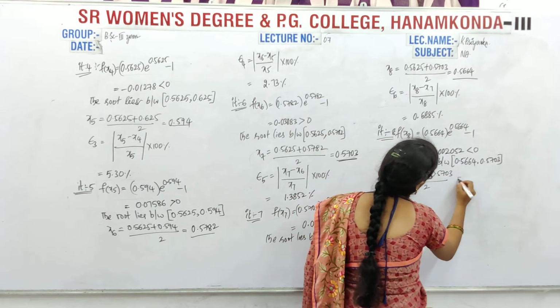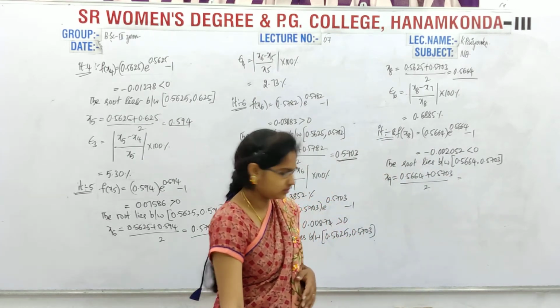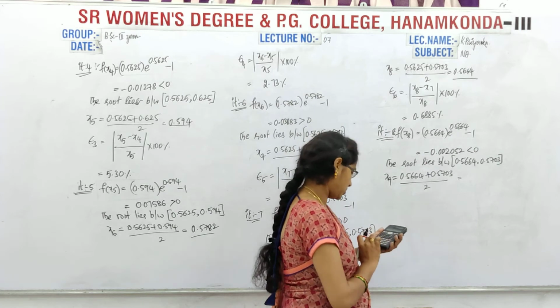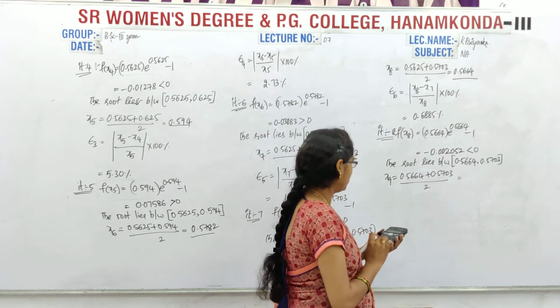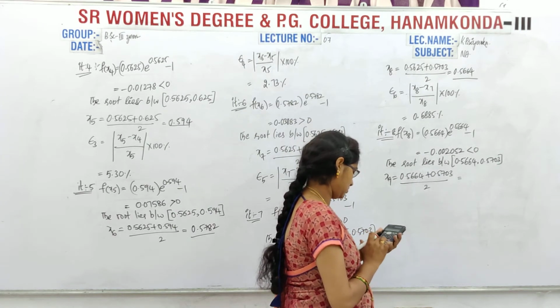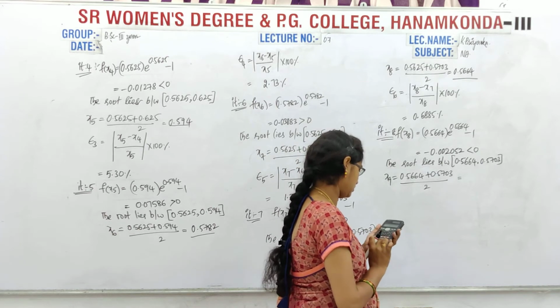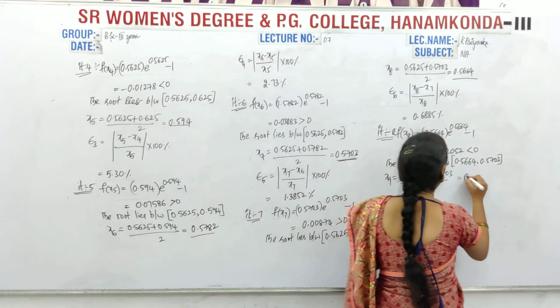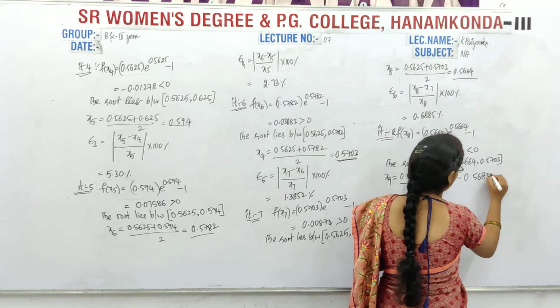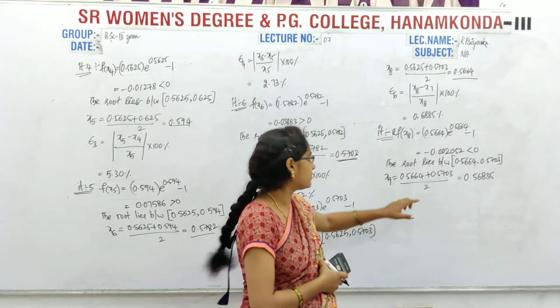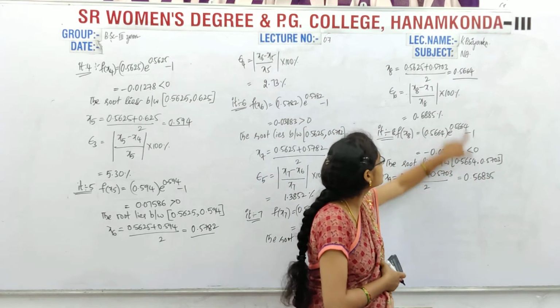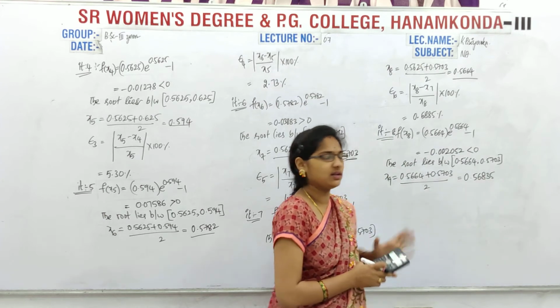Now x9 equals (0.5664 plus 0.5703) by 2. Now it is 0.56835. If you observe this one, here we have 0.5664 and 0.56835.